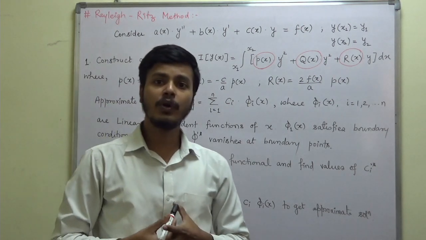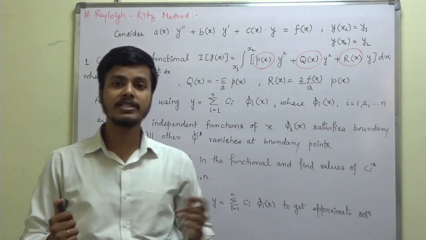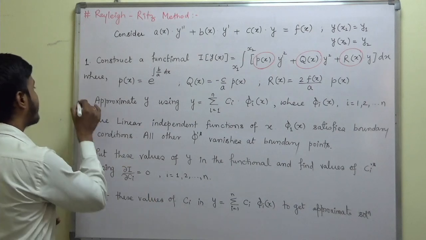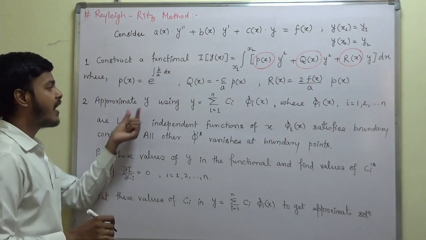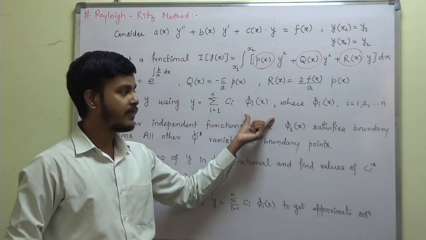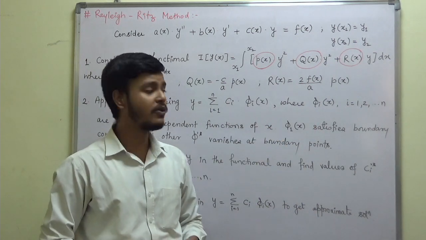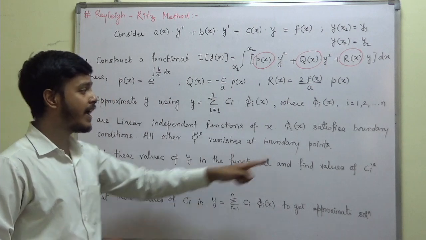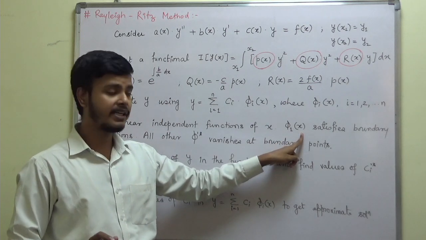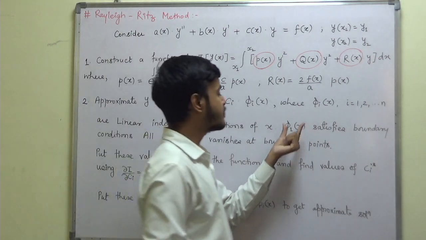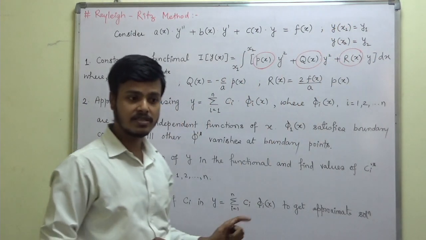In step 2, what we are going to do is approximate the solution. We'll approximate y using this, where all these phi of x are linearly independent functions of x and phi 1 of x satisfies the boundary conditions. So, I have to take phi 1 of x in such a way that it satisfies these boundary conditions.